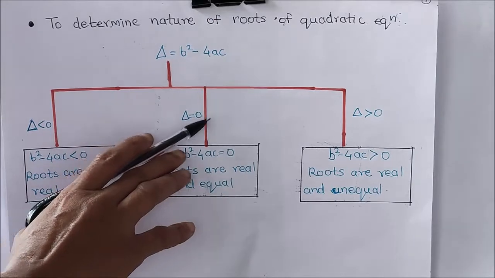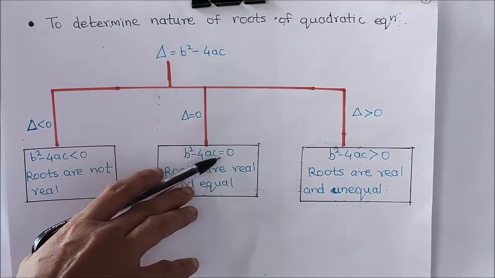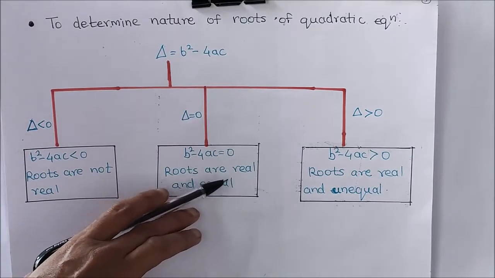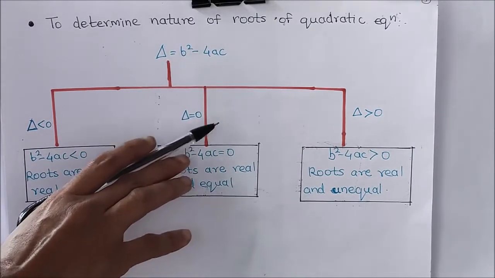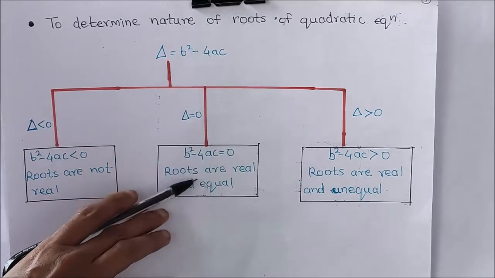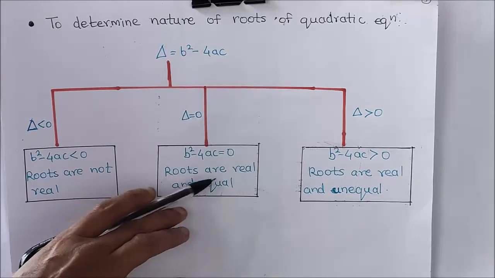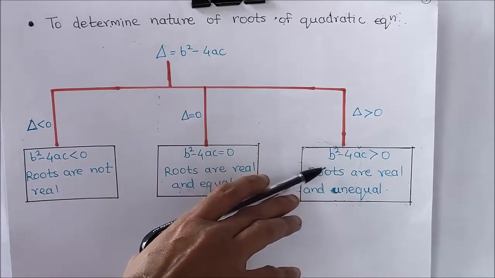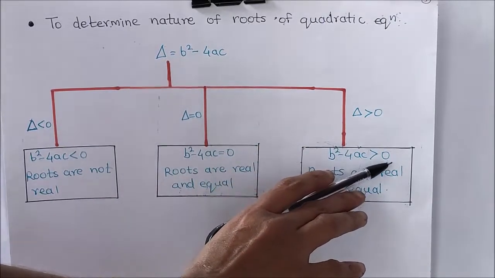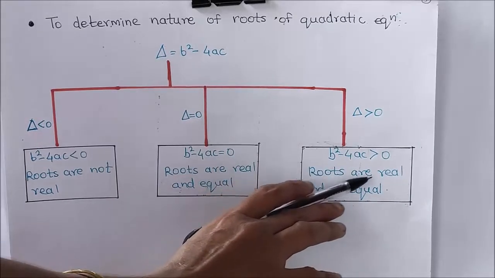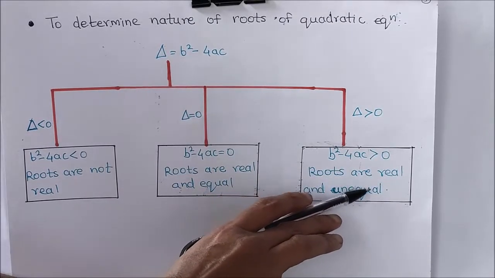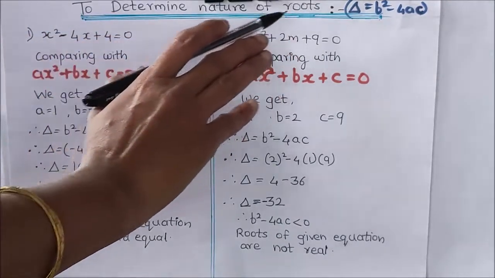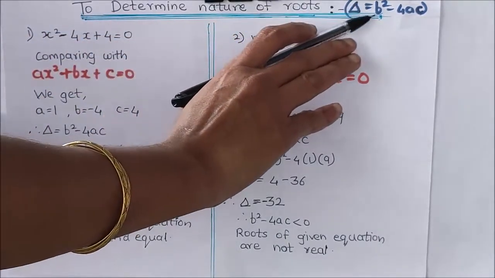If delta equals 0, that is b square minus 4ac equals 0, then the roots are real and equal. When delta is greater than 0, that is b square minus 4ac is greater than 0, then the roots are real and unequal.